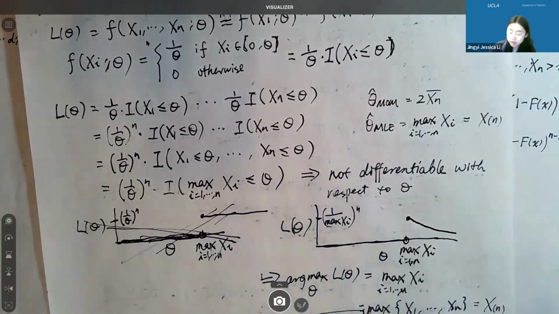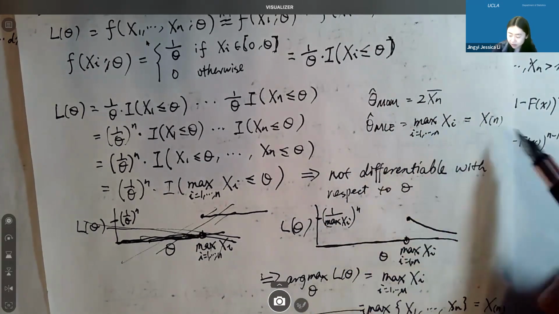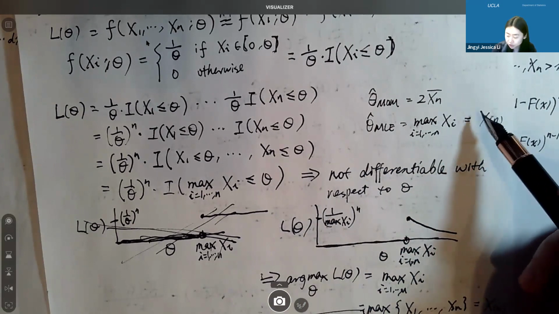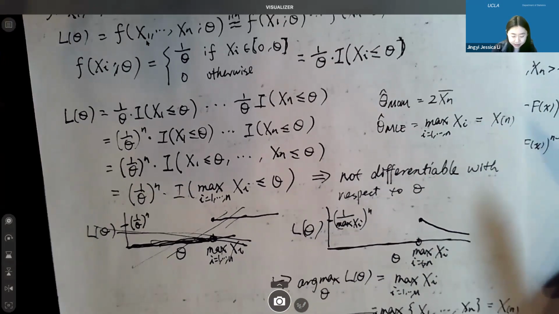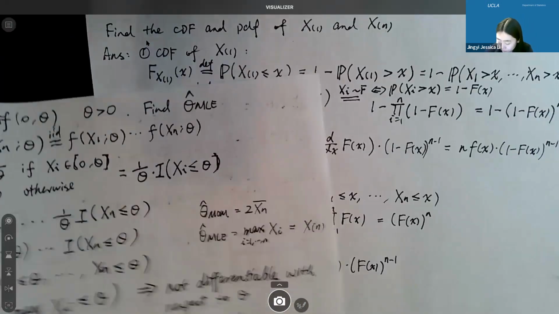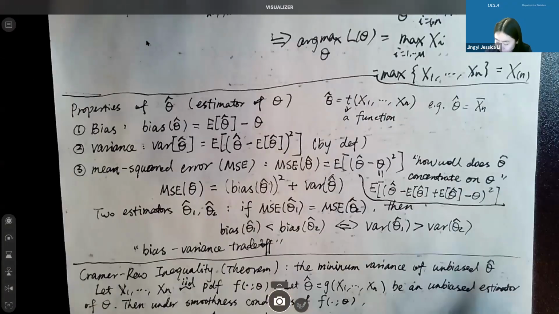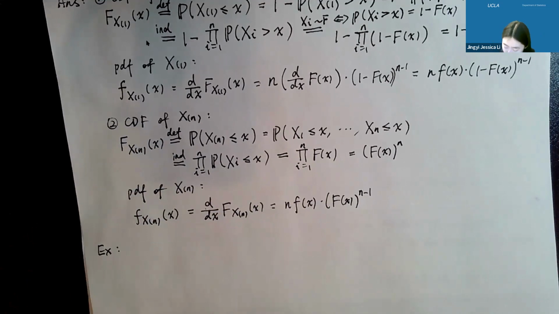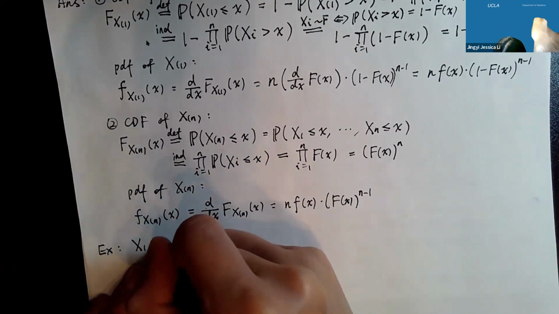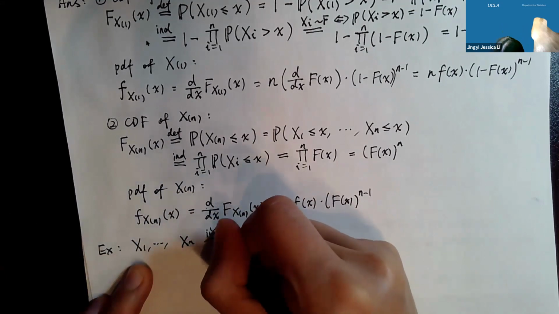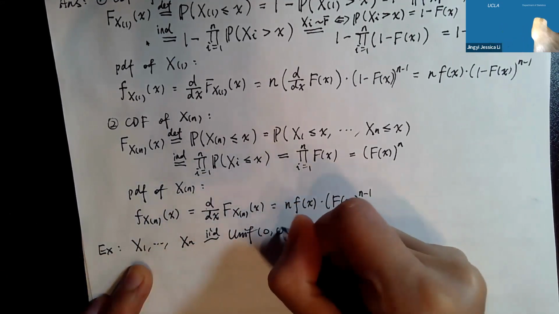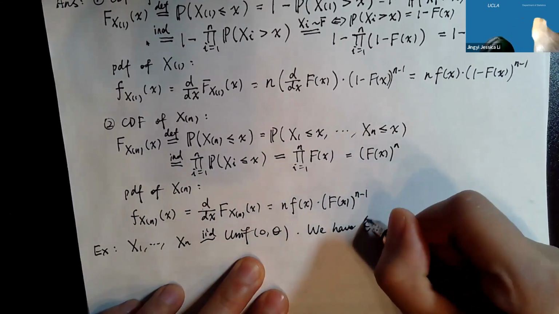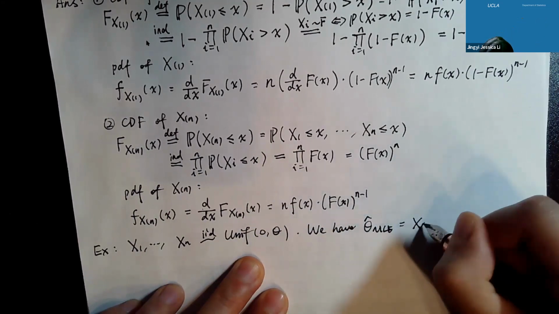It's a different notation. Using this definition of the MLE, if you want to define its bias, what you need is to calculate the expectation of this maximum, right? Let me write this one more step. For example, in this example, we had X1 to Xn IID from uniform 0 to theta, and we have theta hat MLE equal to the maximum.